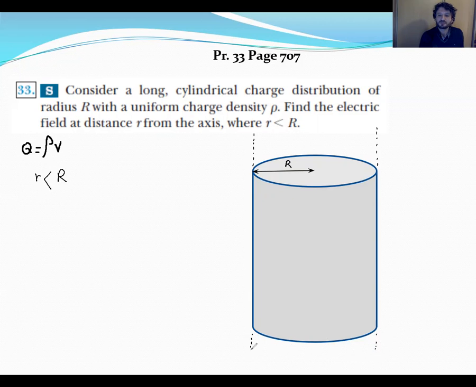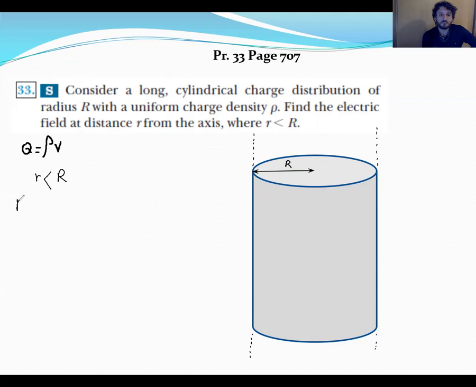In the case of a cylinder, when we use Gauss's law, the final formula doesn't depend on the length of the rod. Okay. Let's calculate the field by using Gauss's law.